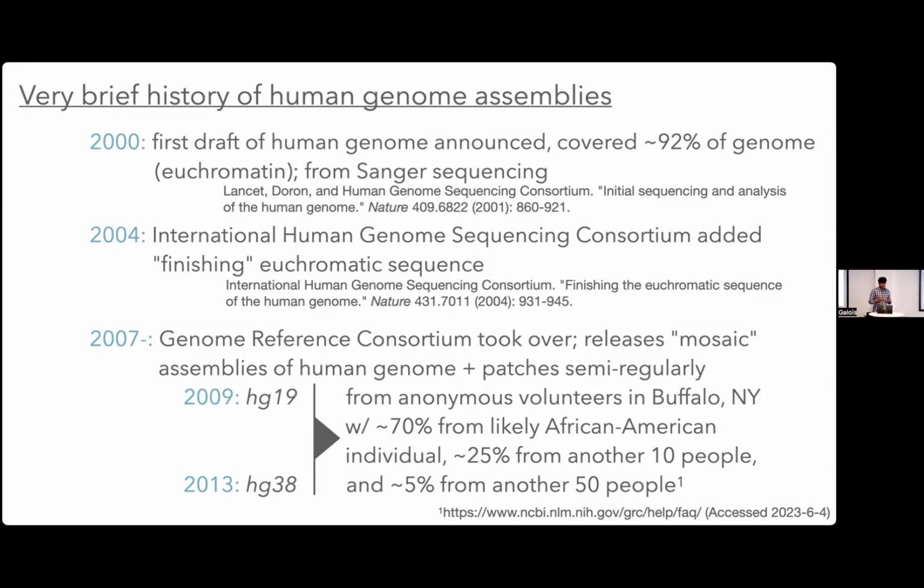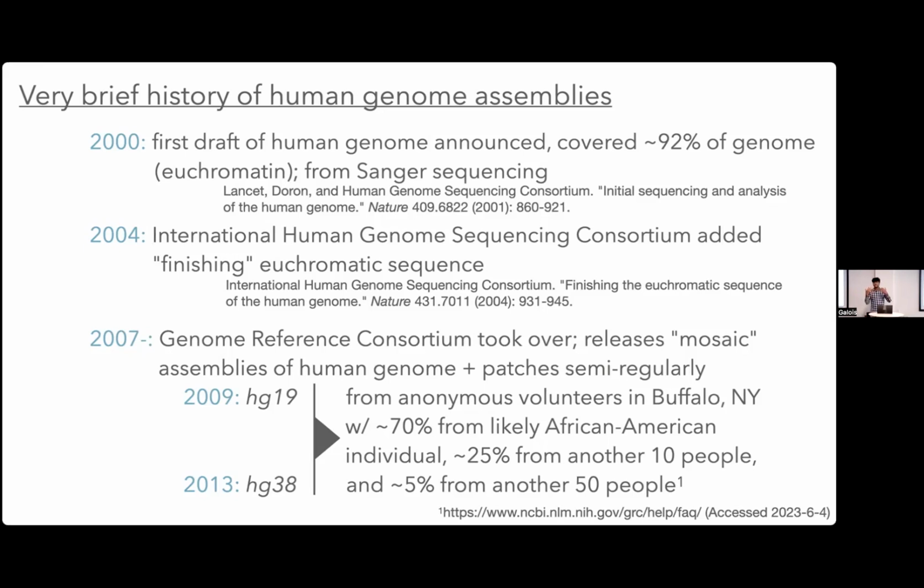For these recent assemblies, roughly 70% of the DNA sequences come from a single individual who's likely African-American. What makes this really interesting is that bioinformaticians around the world generally use these assemblies released by the Genome Reference Consortium, with respect to which they measure variation in other genomes they have.